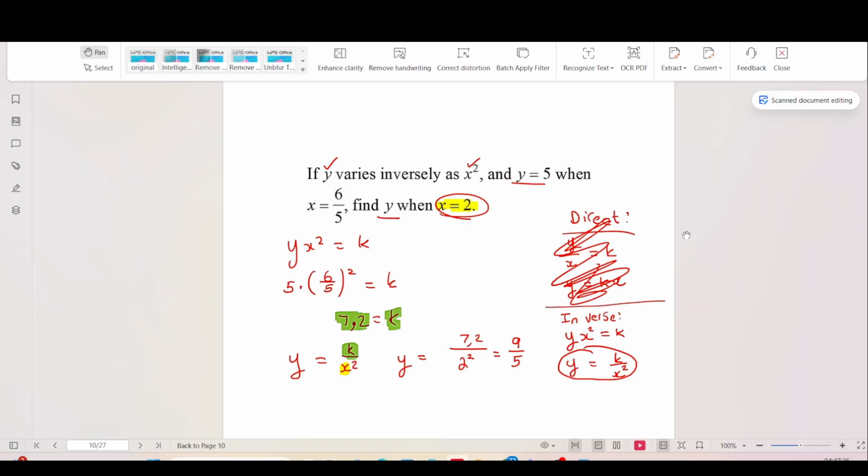You divide 7.2 by 2 squared, because you have to find y when x is 2, and x is squared, so 2 squared is 4. Okay, so then I just get whatever 7.2 divided by 4 is.